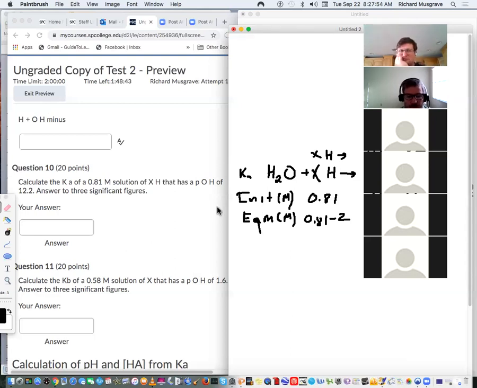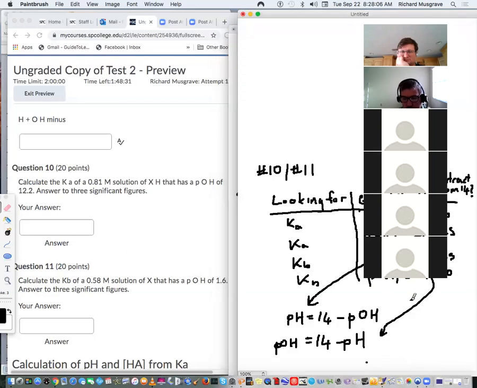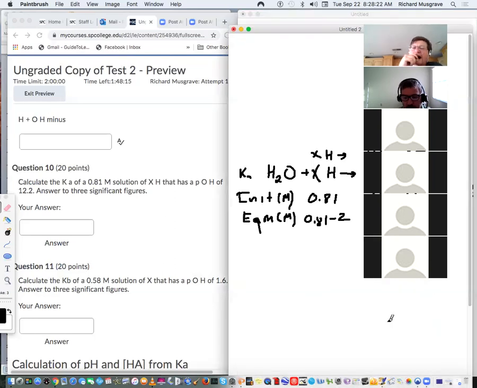Now, if you look at what we're given, POH. So going back to my previous example, sorry, my previous screen, what you can see is when we're looking for Ka and we're given POH, we need the H plus, because it is Ka, which means we will have to subtract from 14. But my point is you don't always subtract from 14. You only do it when you need to.